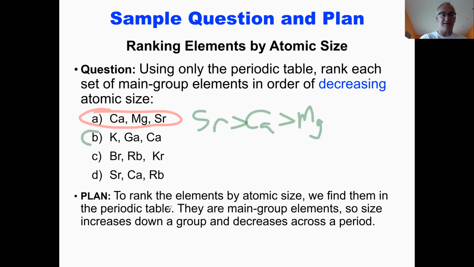We've got potassium, gallium, and calcium. Which would be the biggest, which would be the smallest? What do we think?